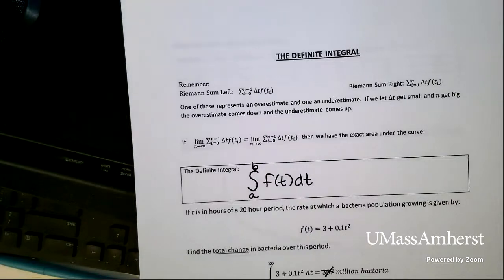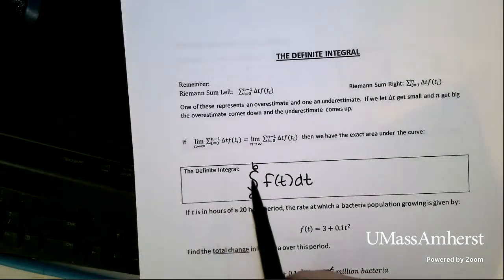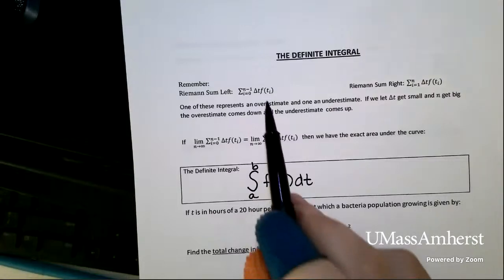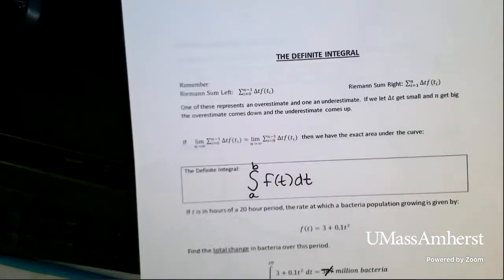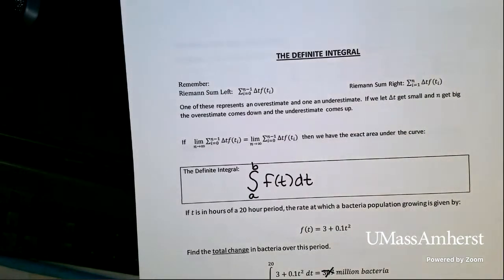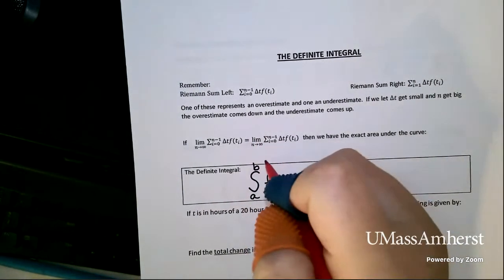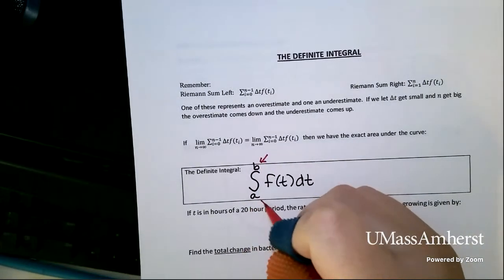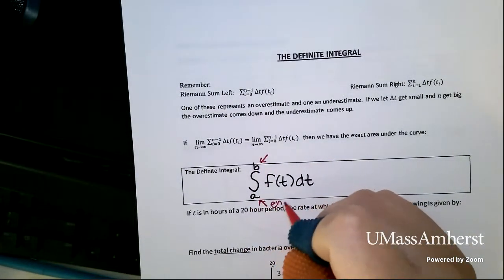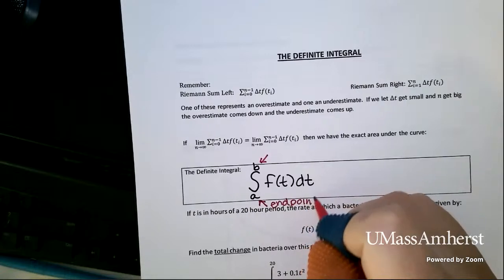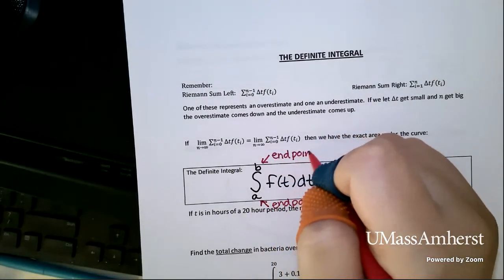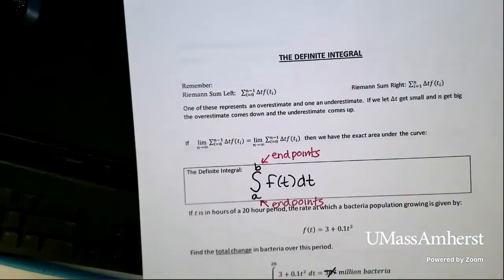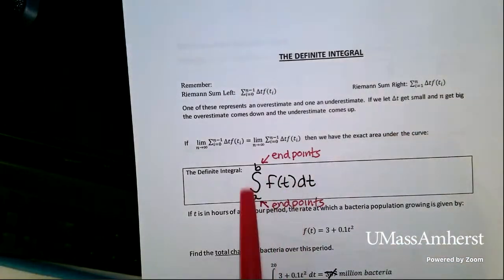So notice that this S is sort of smooth, whereas the notation over here was like an E, okay? A and B are still your endpoints, okay? So where are we looking under the curve? These are your endpoints. Okay, so we have some function, f of t.